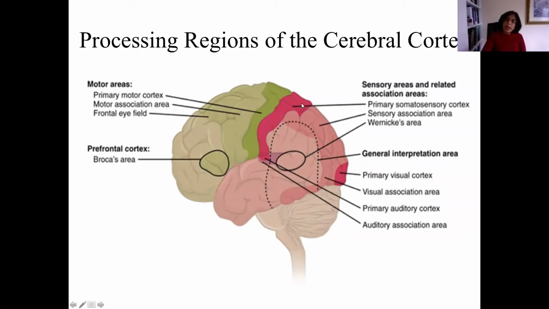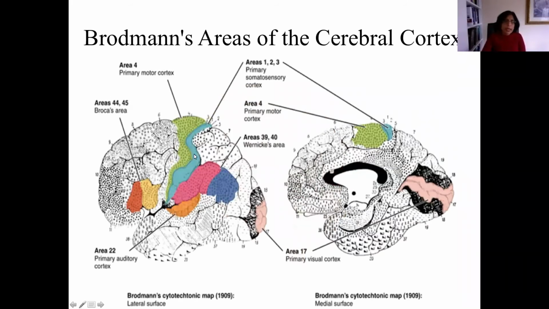I may not have mentioned to you about this band here, this pink one. So if you were to go back here, this blue area is what we call the primary somatosensory area, primary somatosensory cortex, because it's the cortical region. And this is also the region that you would refer to as postcentral gyrus.